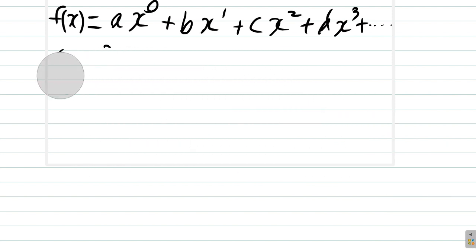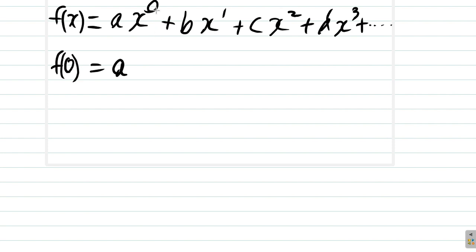Now, let's look back at this. Suppose we substitute 0 here for x, and we find f of 0. Now remember, this is a times x to the 0. So it's really a, because x to the 0 is 1, and when you multiply a number by 1, you get the number.